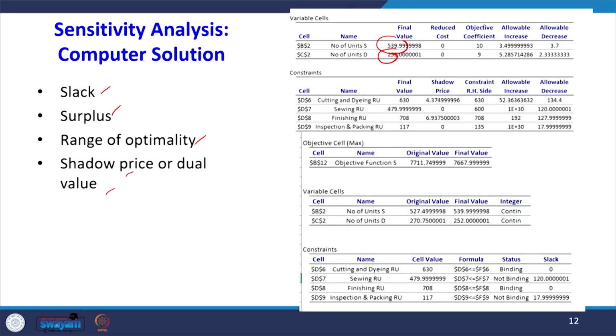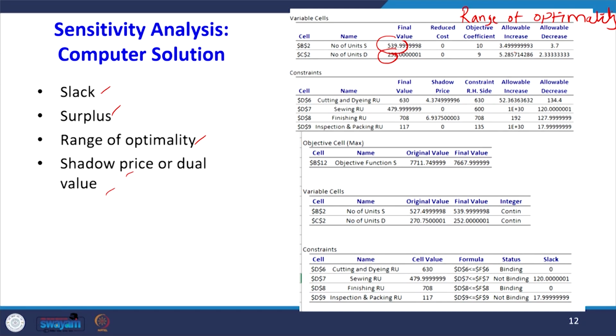So, this portion says range of optimality. What is the meaning of range of optimality? Even though the objective function coefficient is increased by 3.4 and decreased by 3.7 for the first decision variable, our values, that is 540 and 252, will remain the same. That is called range of optimality.